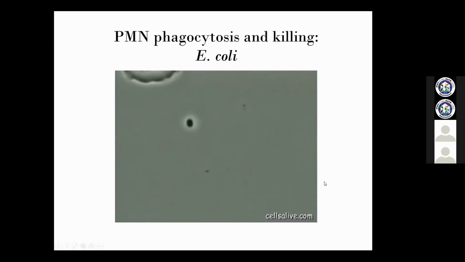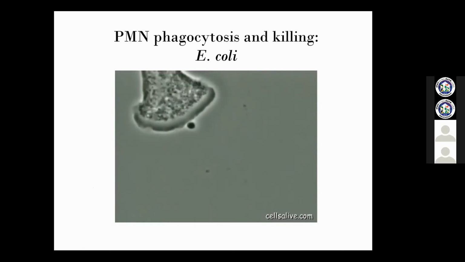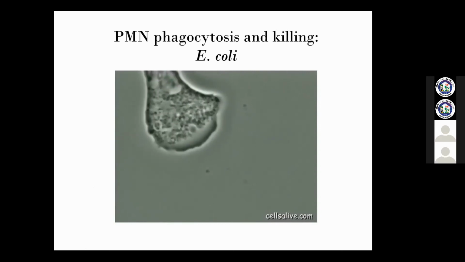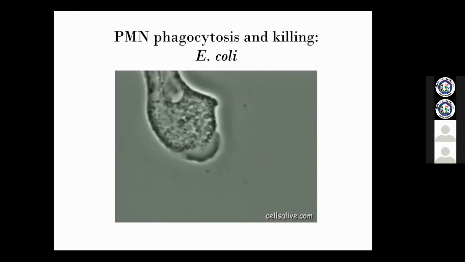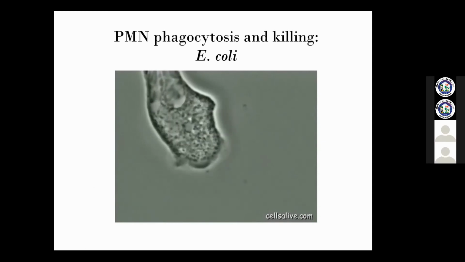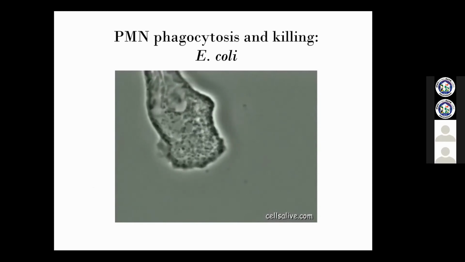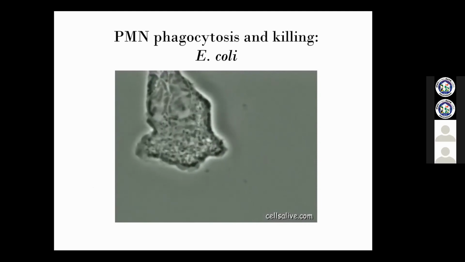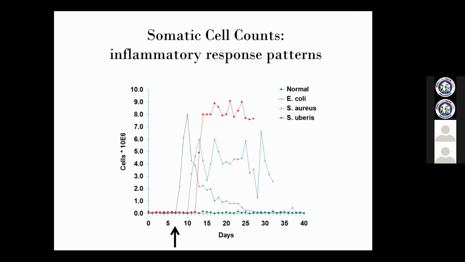Now this is just showing you an indication of an E. coli. Those of you who've been in class, I showed you there the Staph aureus that ran for its life. The E. coli sits like a blob, and so if we have the macrophages and things there, they can sort it out. But we need to have the cow in a way that she is actually ready for that infection.